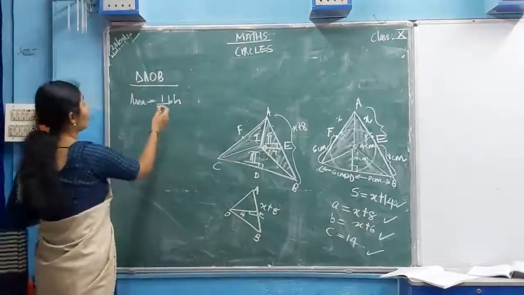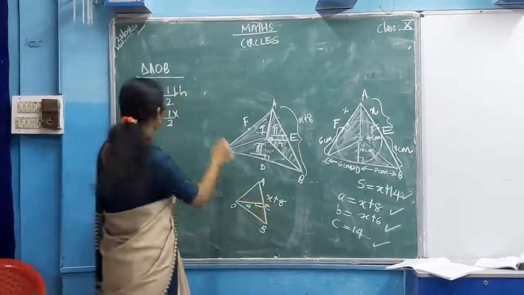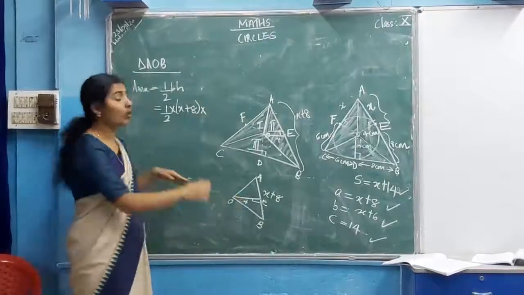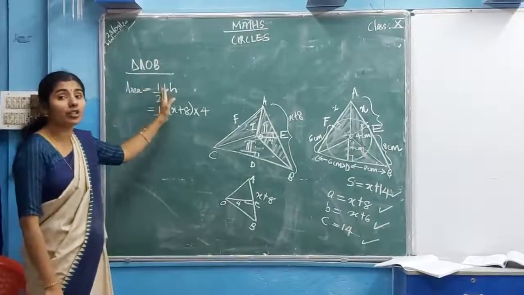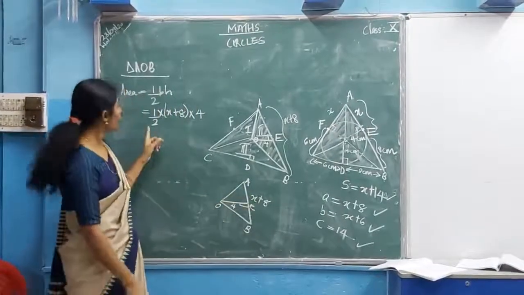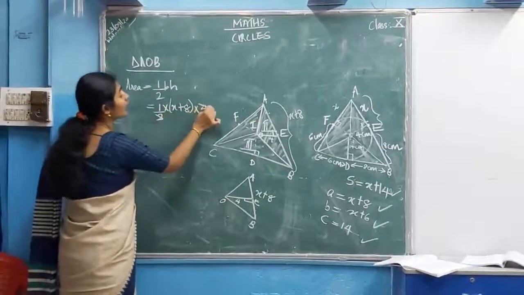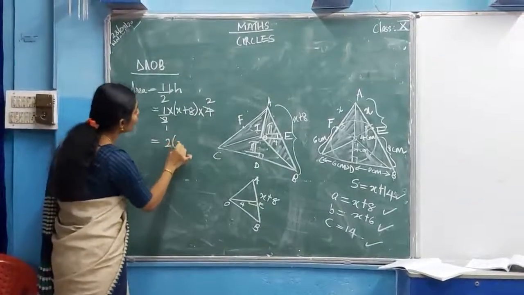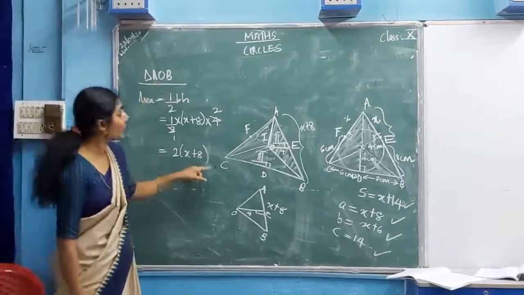So when you are applying the formula, half into base, x plus 8, into height, 4 centimeter. When you are substituting these two values, you will get half into x plus 8 into 4. 2 and 4 you can cancel, 2 ones are 2, 2 twos are 4. So what is remaining? 2 into x plus 8. So area of triangle AOB is 2 into x plus 8.